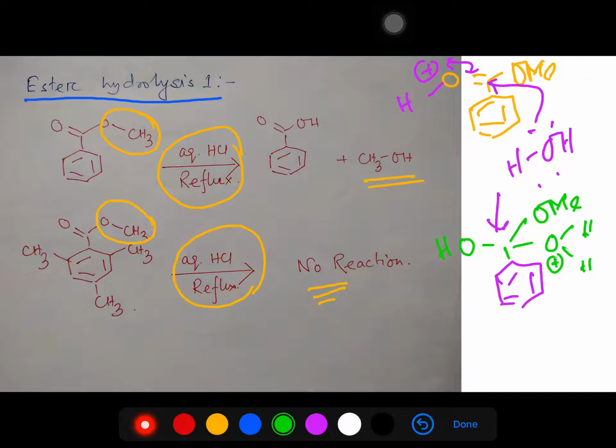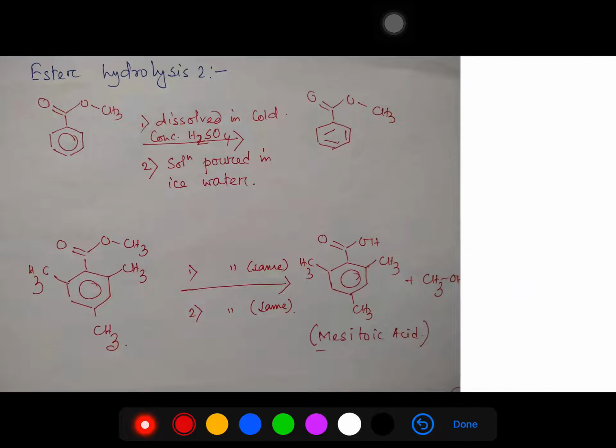Now this undergoes further elimination of methanol by some steps and ultimately produces the carboxylic acid. But that kind of attack is not possible in the mesitoic acid system. What do I mean? If you replace this with the methyl groups, then this attack is not possible. We will discuss it slowly.